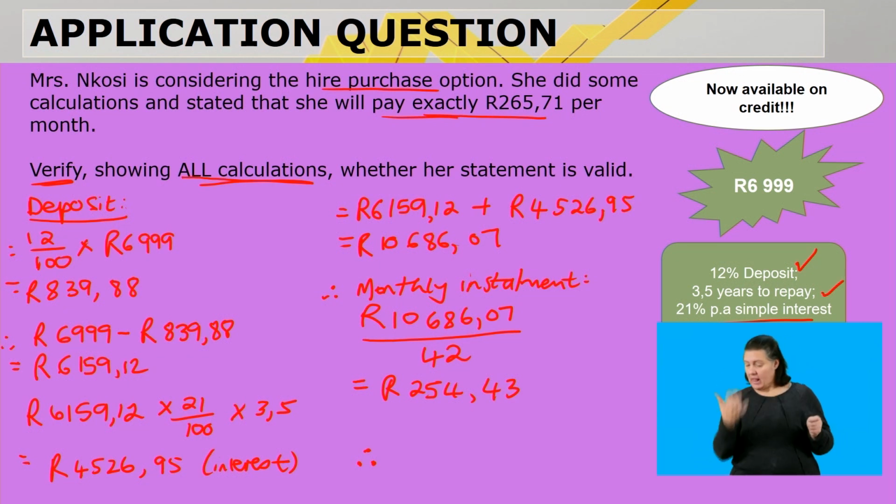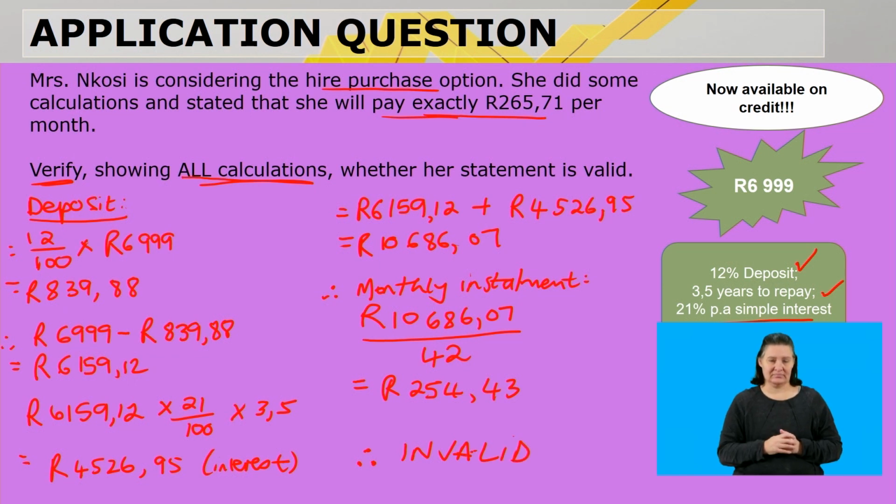We calculated and came to an amount of 254 Rand and 43 cents. So therefore, we will conclude by saying that the statement is invalid. We agree on that? The statement is invalid because she'll end up paying only 254 Rand and 43 cents and not the 265 Rand and 71 cents as she has claimed.